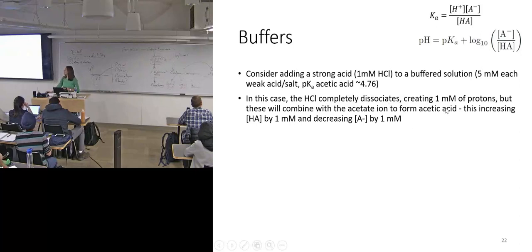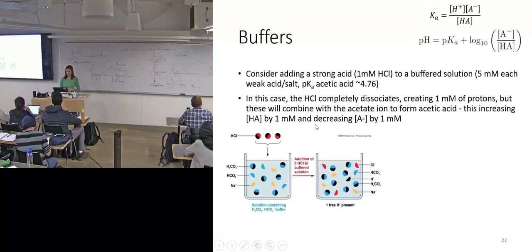It makes 1 millimolar of protons, so you will increase the concentration of the acid by 1 millimolar and decrease the base by 1 millimolar. Here's another internet picture of that. Once the HCl comes in and splits apart, some of that free acetate ions bind up with the protons and become acid.